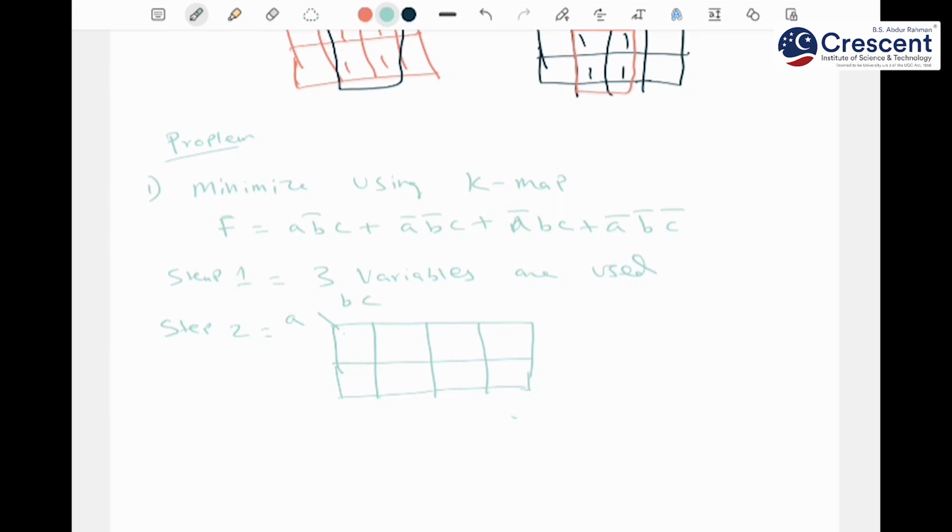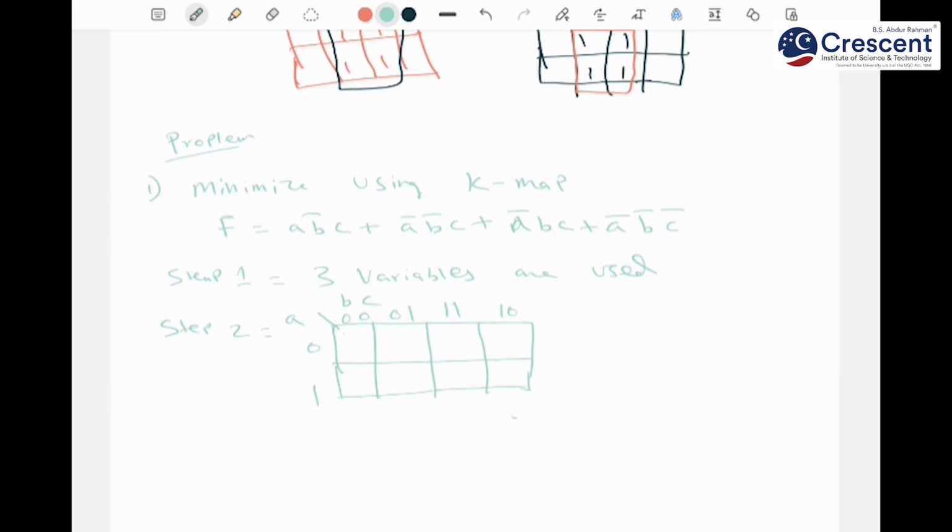Now let us plot this. So this will be 0 1 0 0 0 1. Always remember it should be in the gray code. So 0, after 0 1 it will be 1 1 and then 1 0. You should remember this thing.